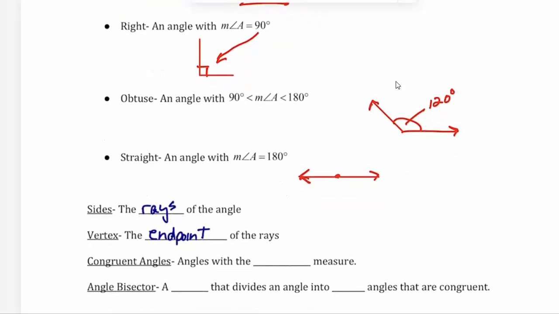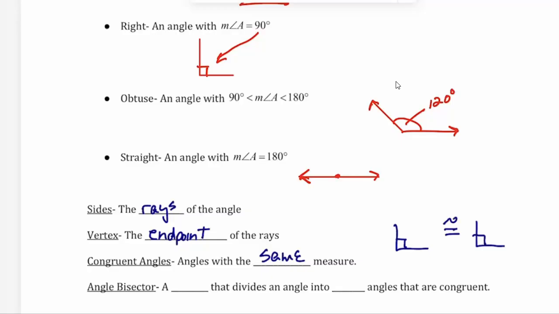If angles are congruent, the angles will have the same measure. So if you had this angle, that's 90 degrees, and this angle, that's 90 degrees, you would say that they were congruent.